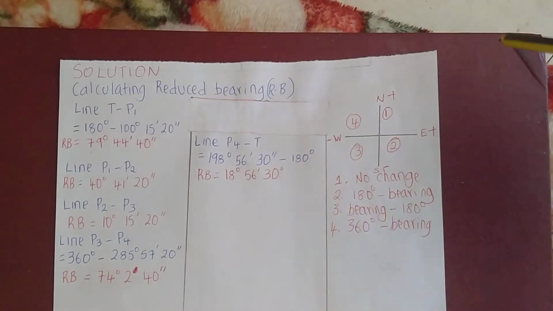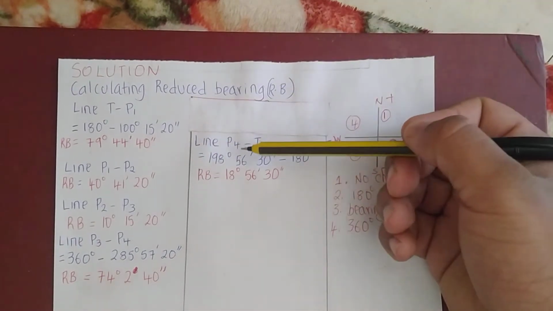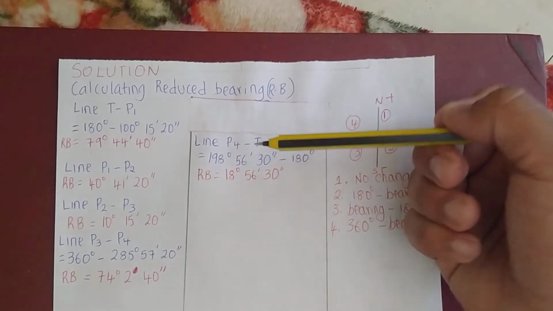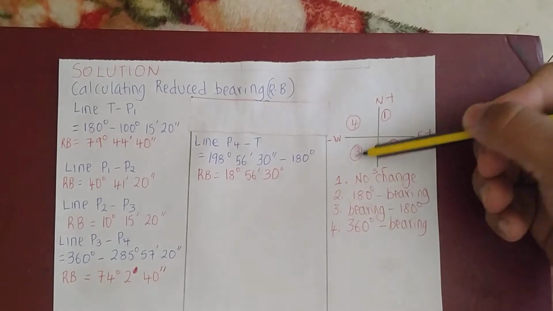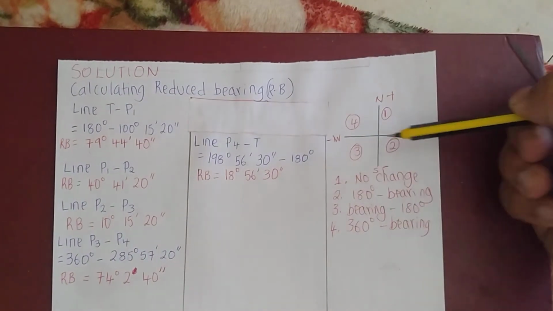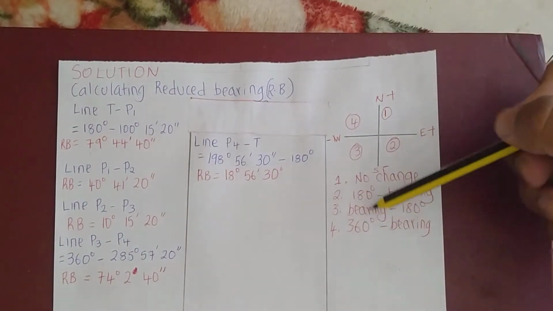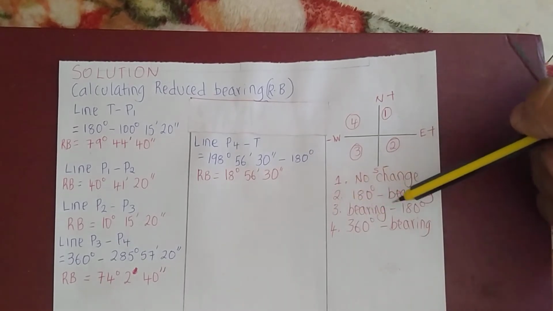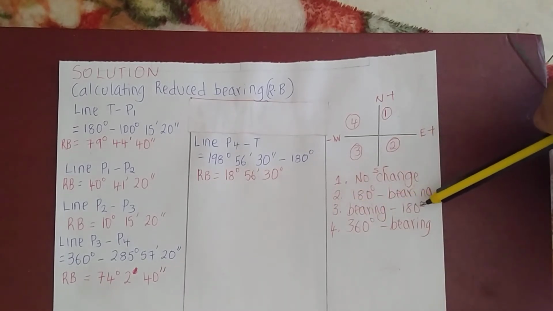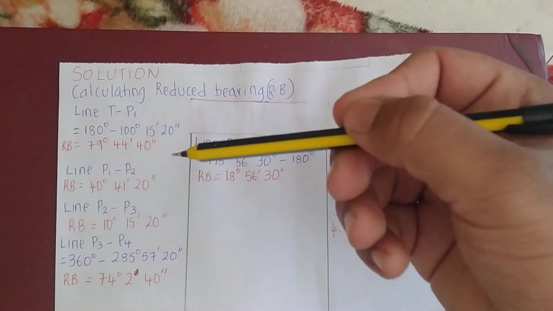For line P4T, we are given our bearing as 198 degrees 56 minutes and 30 seconds. It falls in the third quadrant. The third quadrant says that you take the bearing minus 180 degrees to get the reduced bearing.